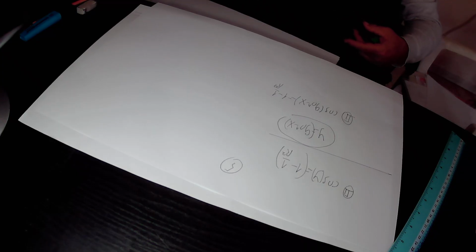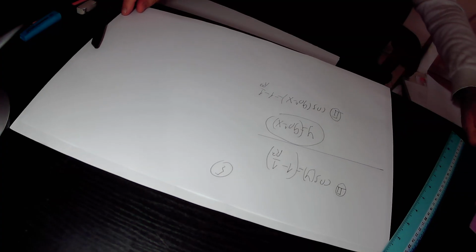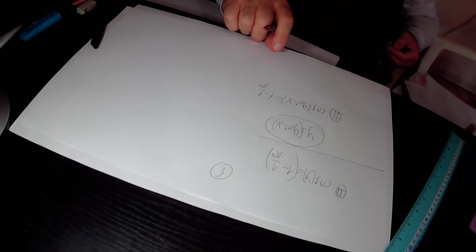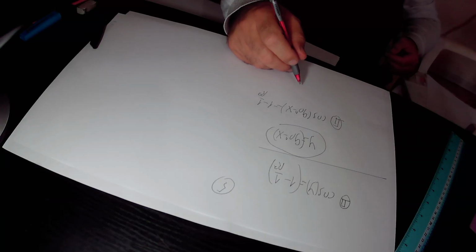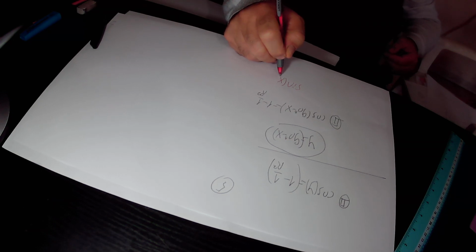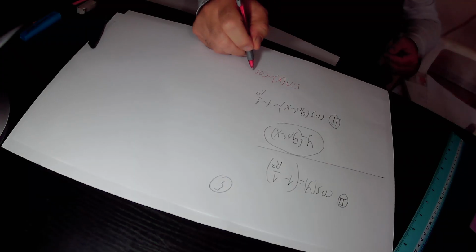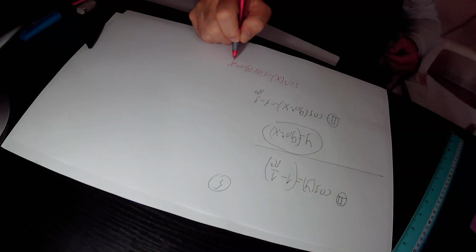We have the trigonometric identity that states that sine x equals cosine of 90 degrees minus x.